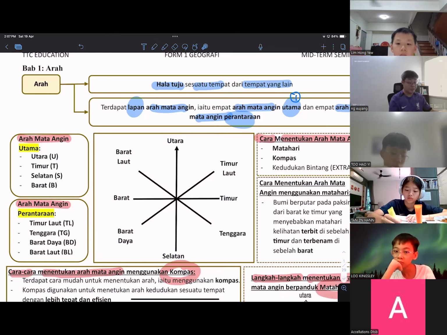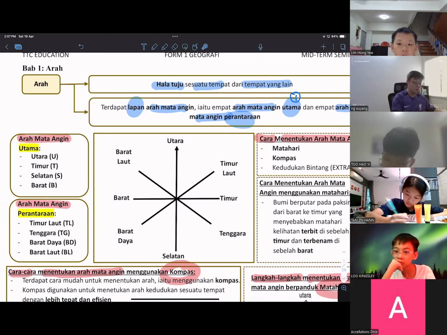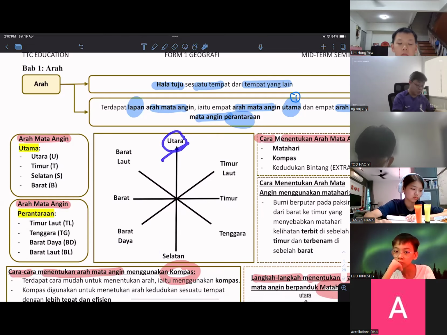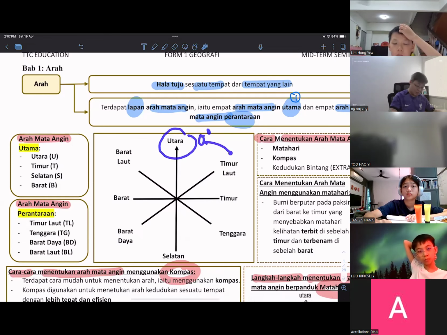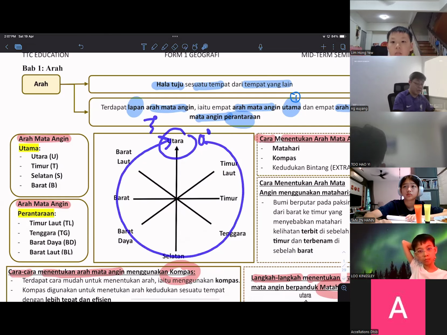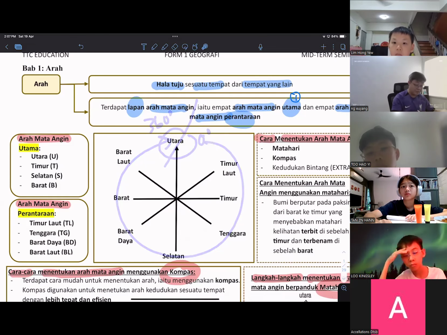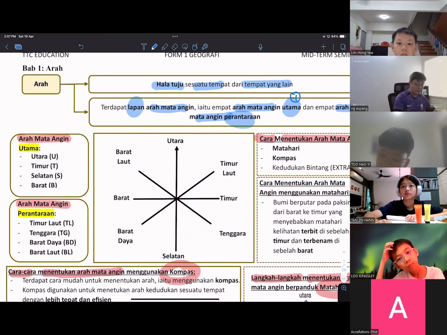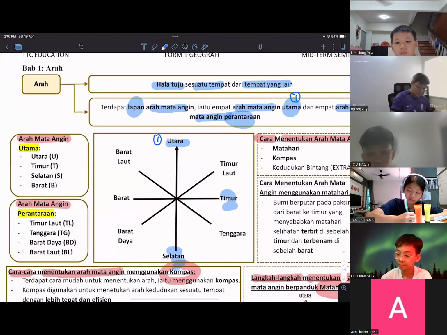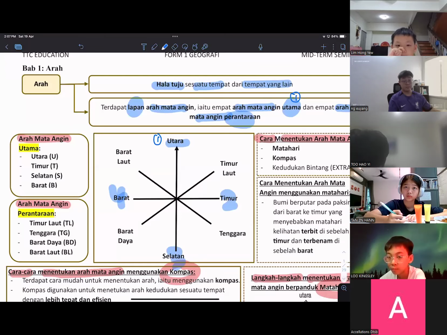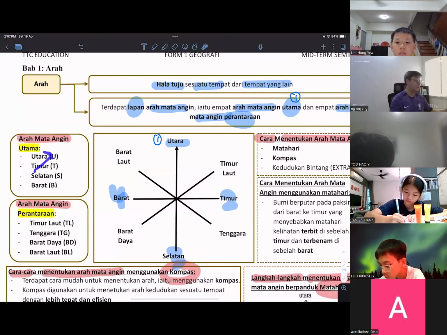I really hope that you guys learn from the geography perspective, starting from utara, because we are trying to measure the bearing from north, which is 0 degree. A full circulation will be 360 degree. So please try to start from your utara. Use your pen. Right now, we're starting from utara first, followed by timur, selatan, and then barat. This is the 4 major arah mata angin.